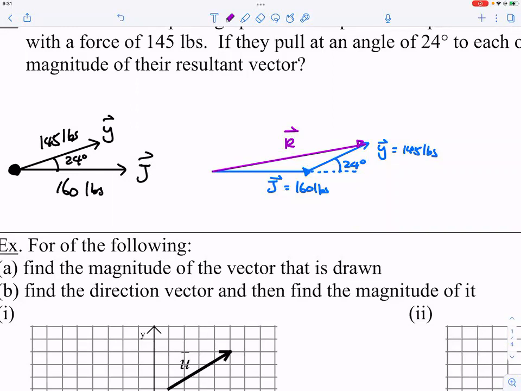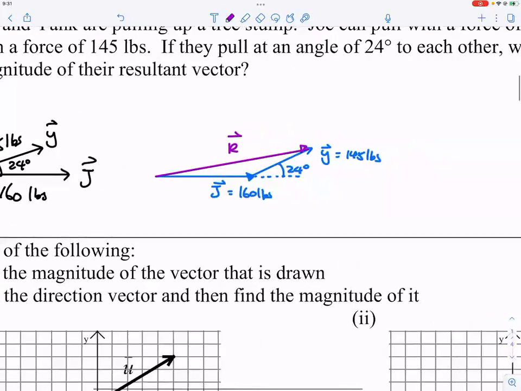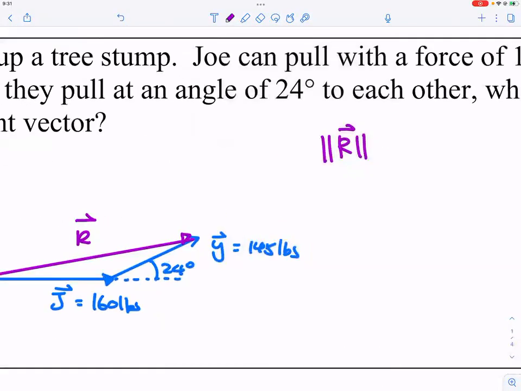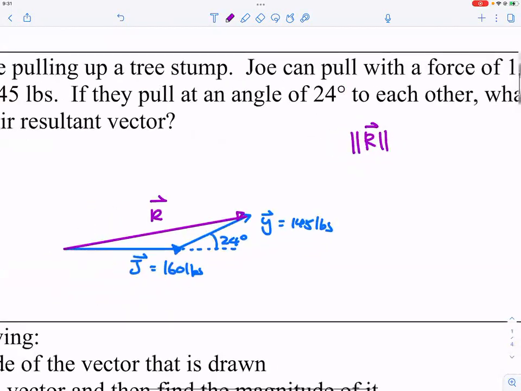All right, now with the tools that you have just learned, how can we find out the magnitude? And by the way, when we express magnitude, this is how we express it. It's like an absolute value, but with an extra stroke. That's how we express the magnitude of a vector. So how do we find the magnitude of this vector R using what we have just learned recently?